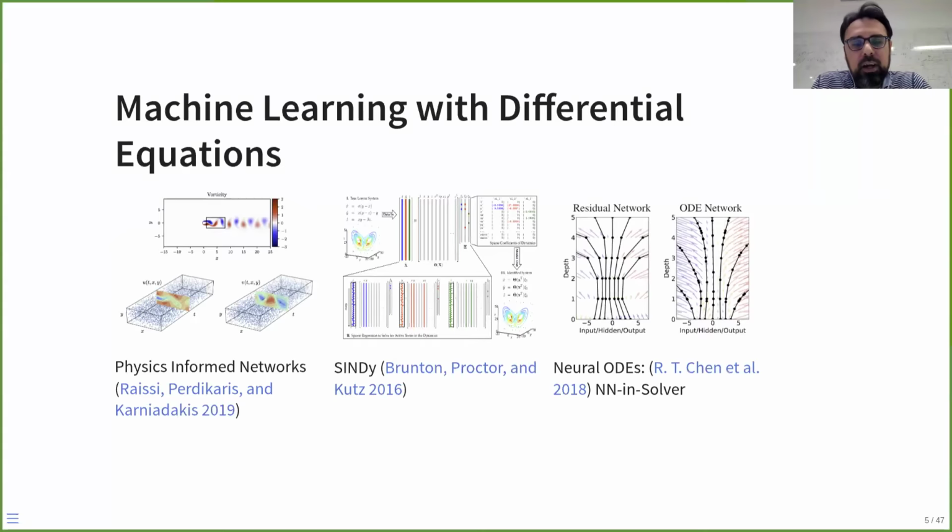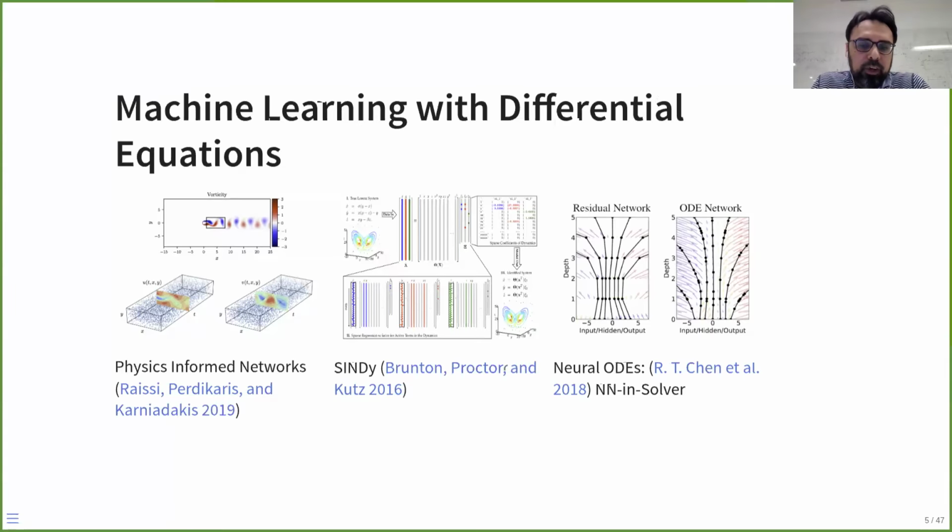You have symbolic or semi-symbolic regression like SINDy, and you have neural ODEs. So all of these, in some way, explicitly combine neural networks with differential equations. There are other models such as neural operator models, but because they don't have explicit representations of differential equations, I don't include them in this list.